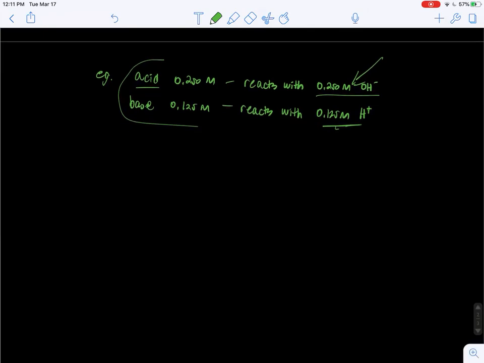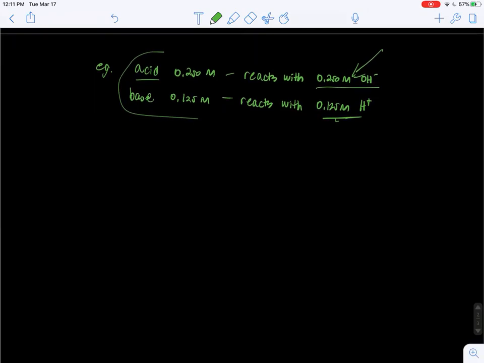Let's look at a third example. Okay, the acid is 0.250 molar, and the base is 0.0800 molar. And so again, this is 0.250 molar. This is the acid, which reacts with hydroxide. We can react with a maximum amount of this much hydroxide. And the base, it has very low concentration.